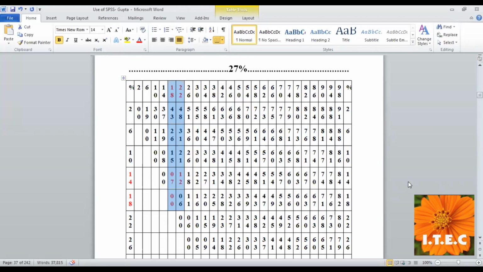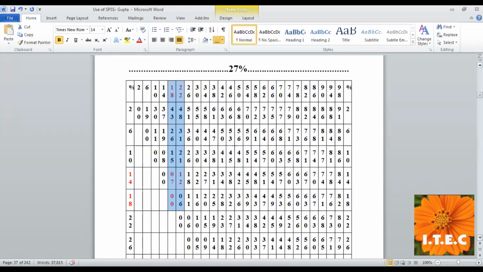And then here, top is 18 and 22. And here 18 I know the value is 0.07 and 22 is 0.12. And this is 0.0 and this is 0.06. Correct.